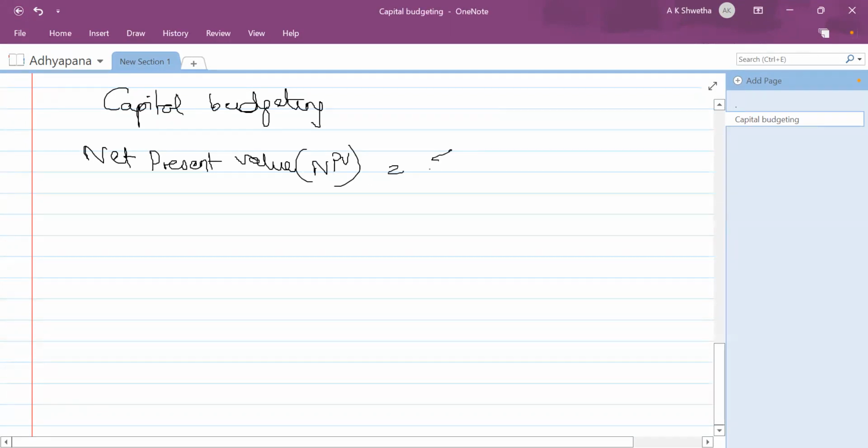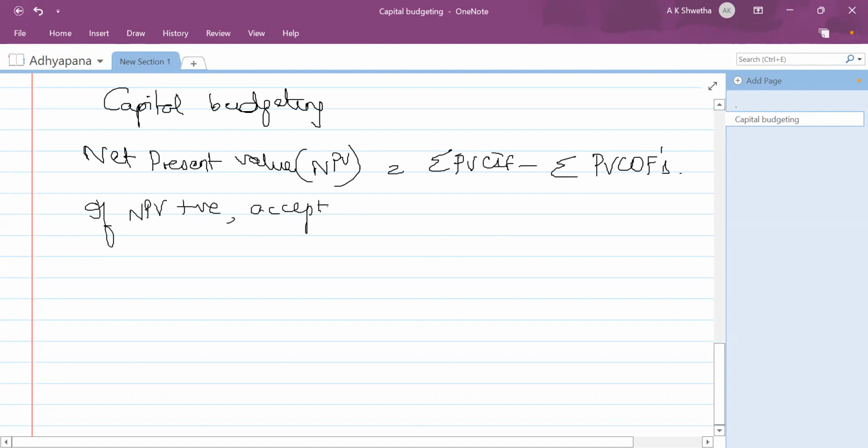It is nothing but the sum of present value of cash inflows minus the sum of present value of cash outflows, right? So if the NPV is positive, a project is recommended to be accepted. If the NPV is negative, the project is recommended to be rejected.